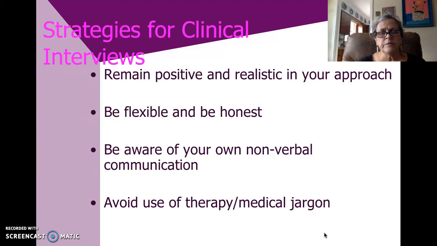Being flexible. An OT needs to be flexible. So the parents may tell you, I'm really interested in this, and you're not interested in that at all. But you want to go with the parents and see what you can help them with. And if it's something you can't help them with, then let them know that as well.